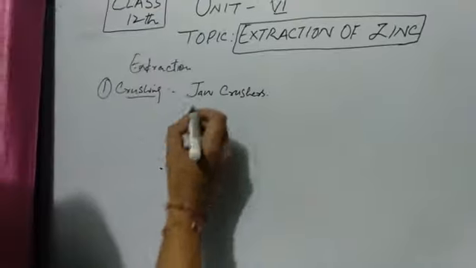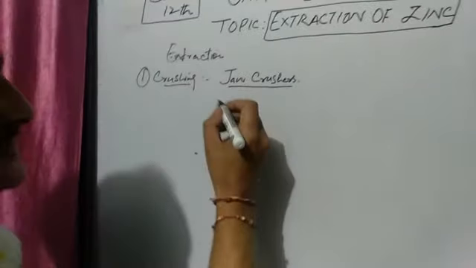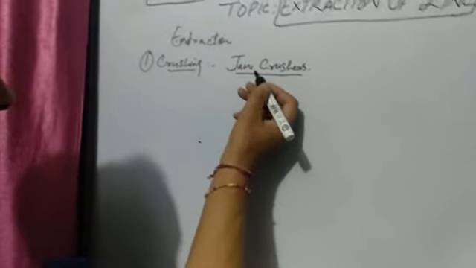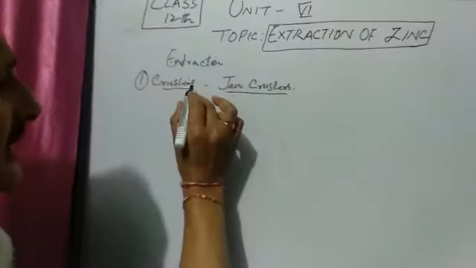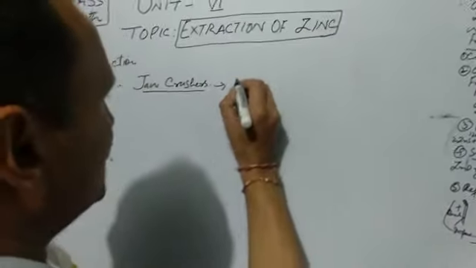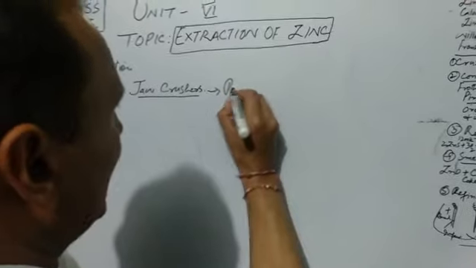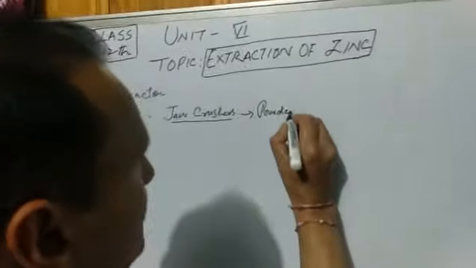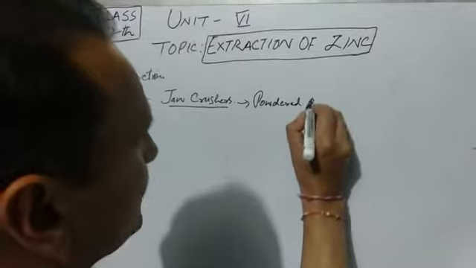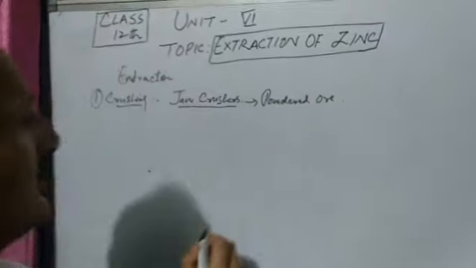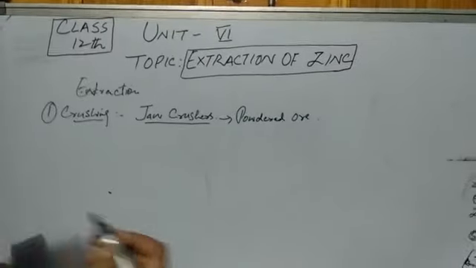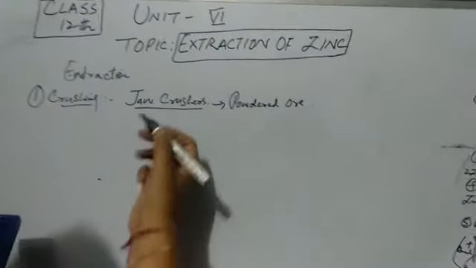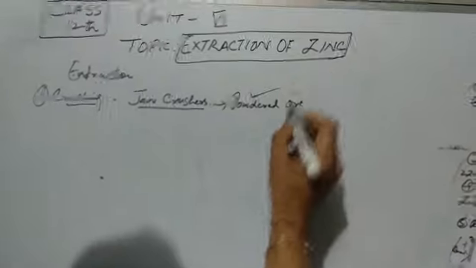Jaw crushers are basically machines. These jaw crushers crush this ore, that is your zinc blende, and change it into powdered form, and as a result we get powdered ore. So the first step is very common in extraction of all metals.